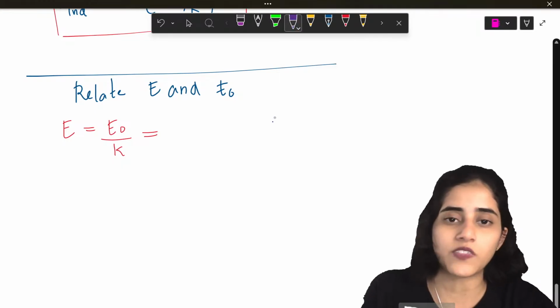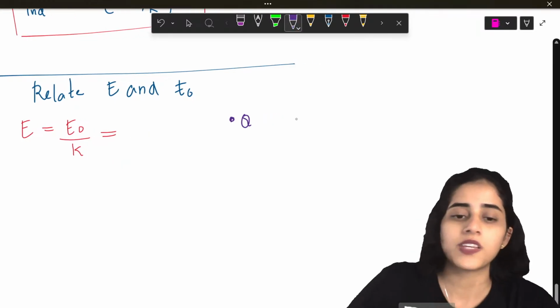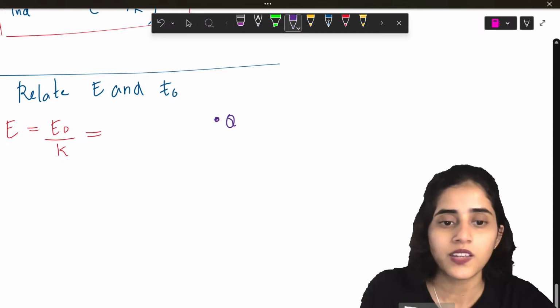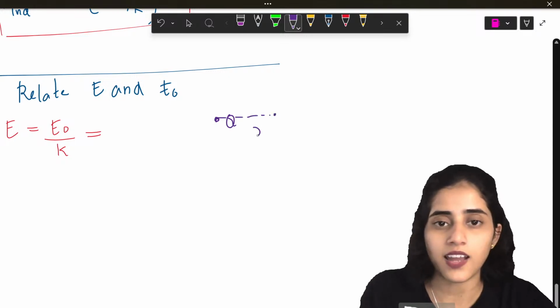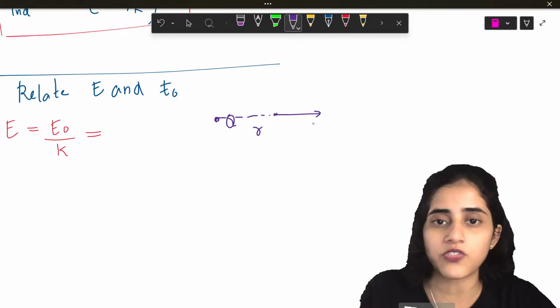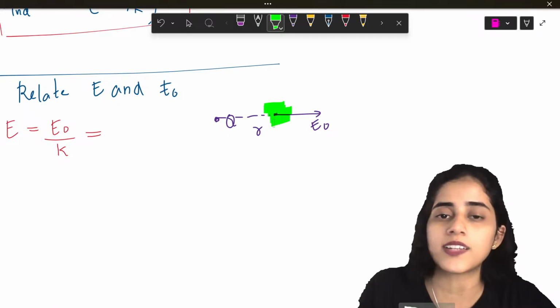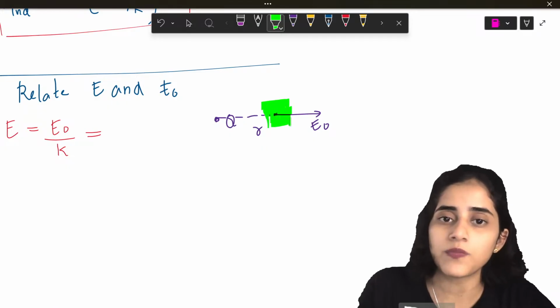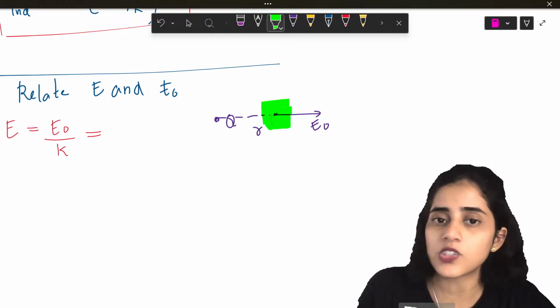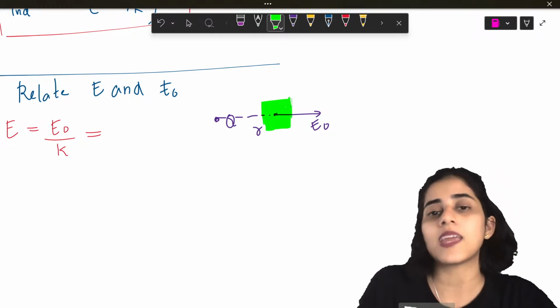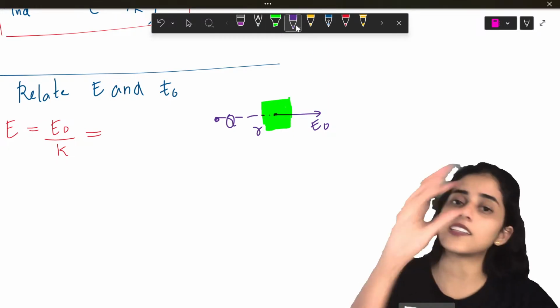Imagine you have a charge Q at a distance R. So there is an electric field here, E naught. But this charge has to pass through a dielectric medium. Whatever we learned in the first chapter, I do the same thing, but here I insert a dielectric medium.